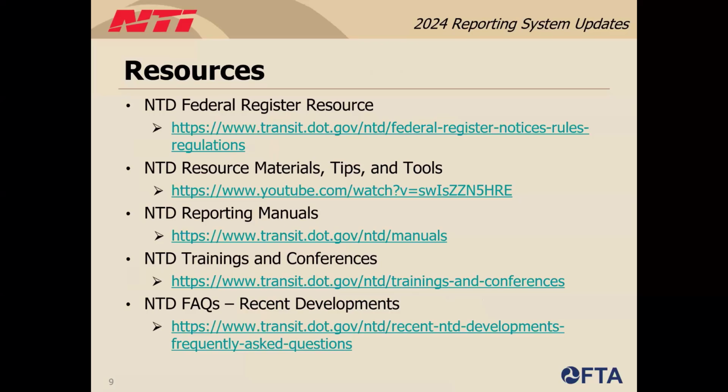I'd encourage you to review the NTD trainings and conference page to review any upcoming webinars just like this one, or courses held through NTI that may be more specific to your reporter type. These system updates and requirements that we're going to be talking about here are going to be covered in those trainings as well, but you also get some information that may be more tailored to your exact situation. And then lastly, we have an FAQ page for these new requirements and developments as well.